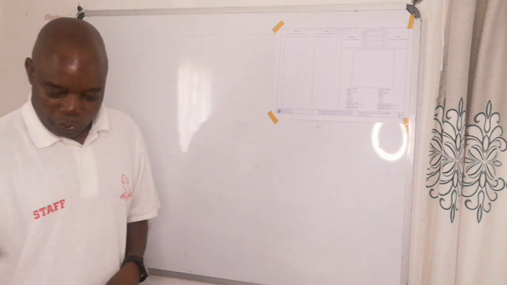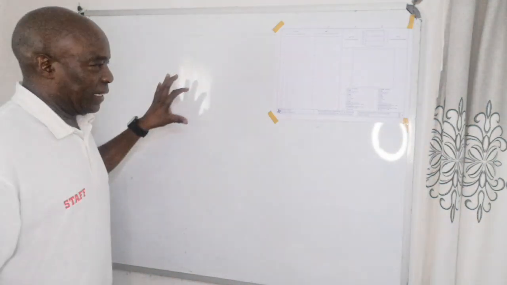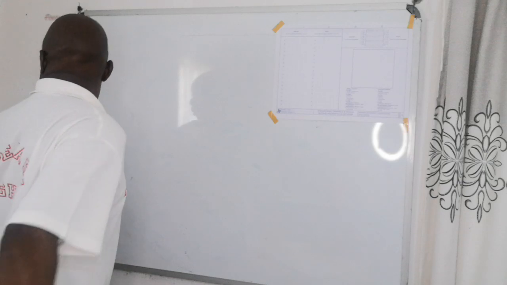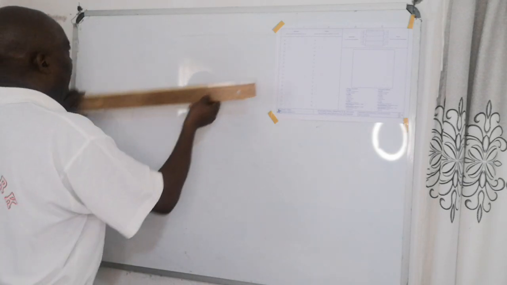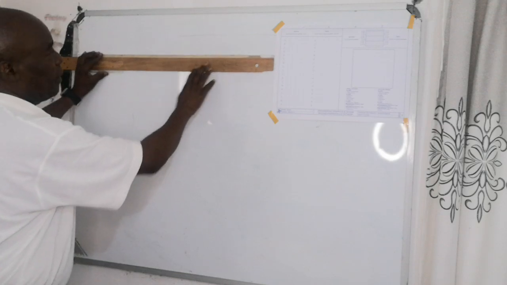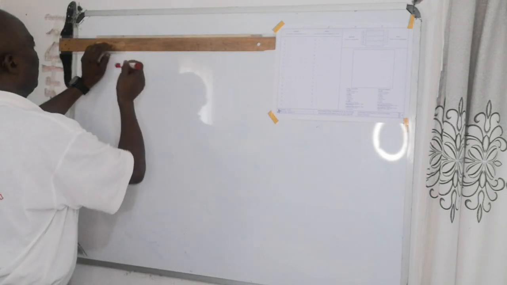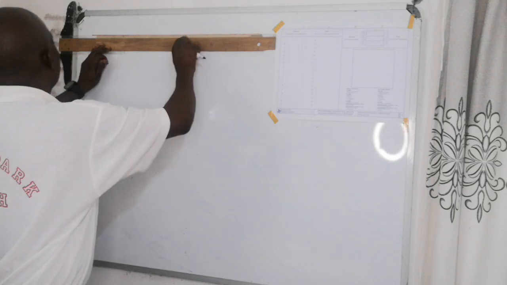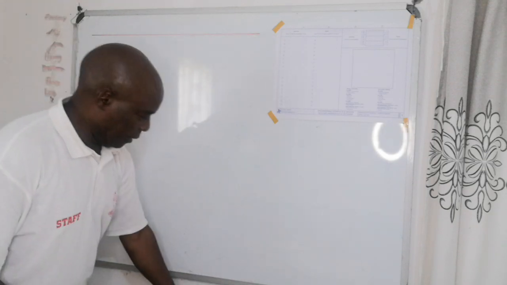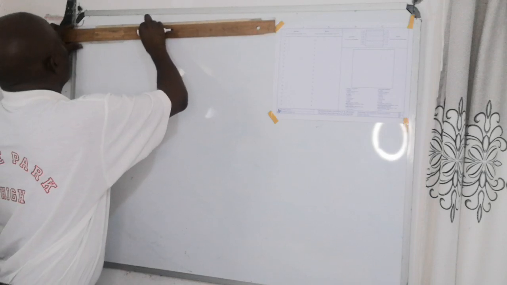So I'm going to draw two faint lines in between which we are going to print. So just bear with me now. Let me first write the title there. So that's a faint line, and I'm going to print there.